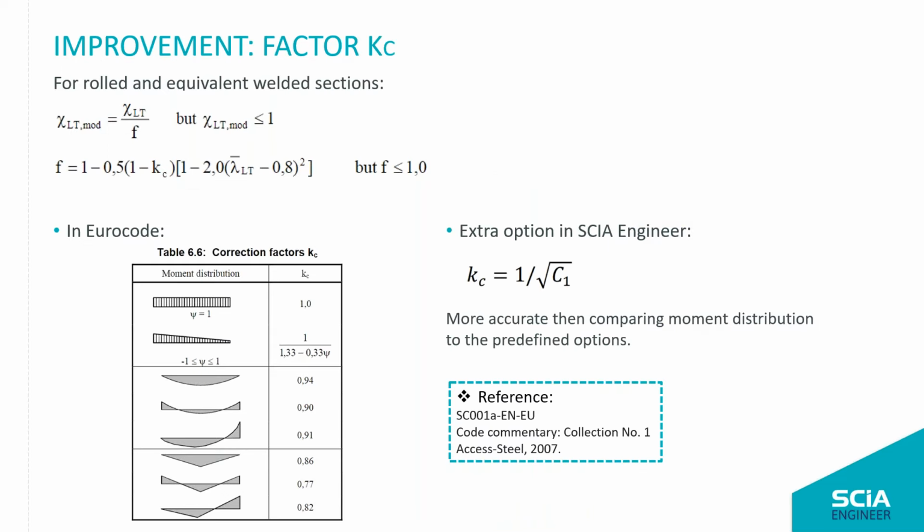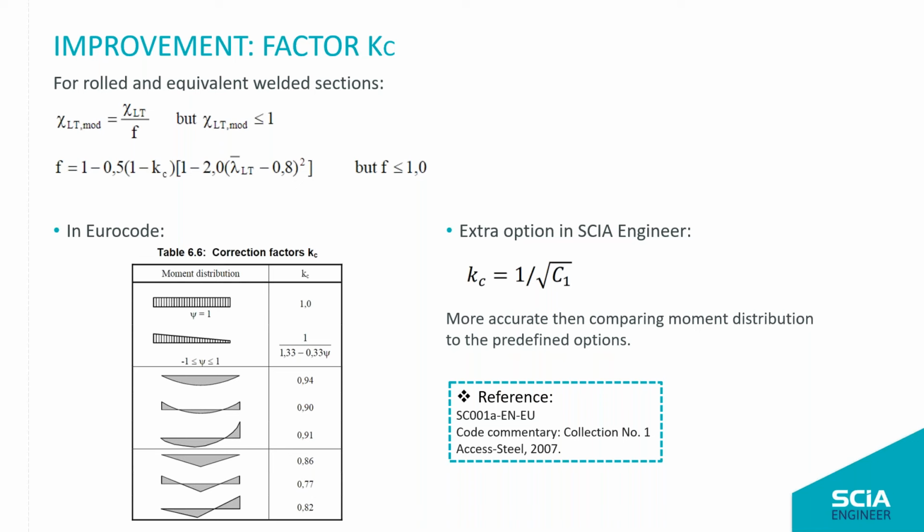I briefly mentioned the additional factor Kc that takes into account the moment distribution for rolled and equivalent welded sections before. In the Eurocode, it already offers some guidance, but again, there is a very limited number of types of moment distributions available.